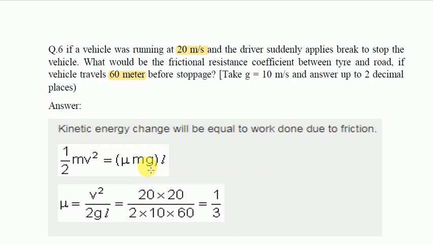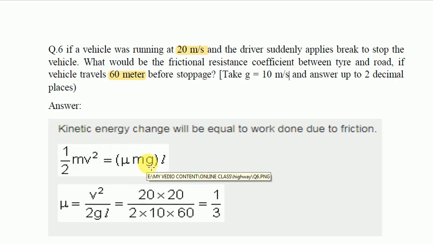As we know, vehicle is changing speed from v equal to 20 meter per second to 0. So the kinetic energy change will be equal to half mv square, because v2 is 0. So half mv square is equal to mu mg into L.